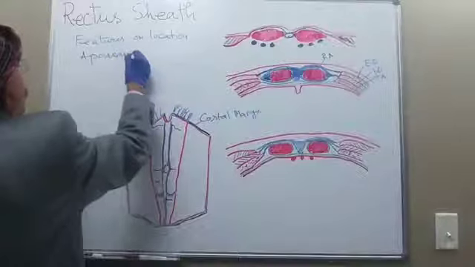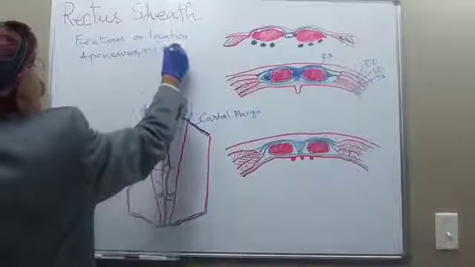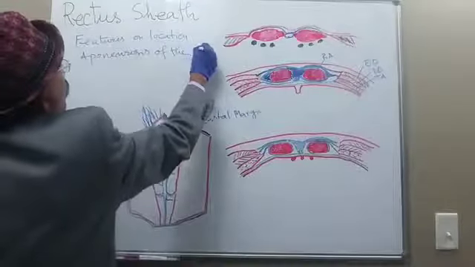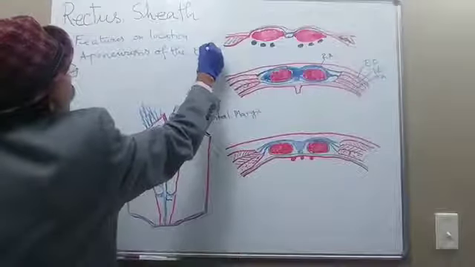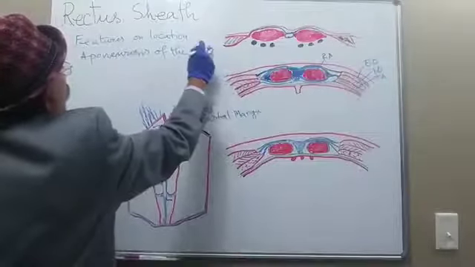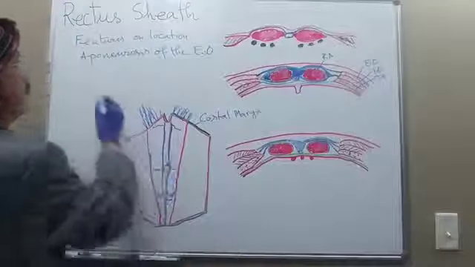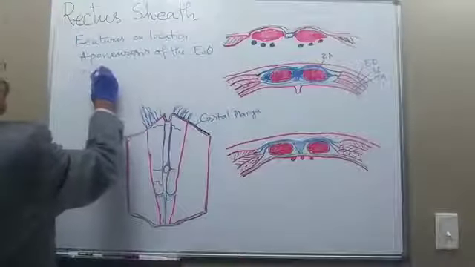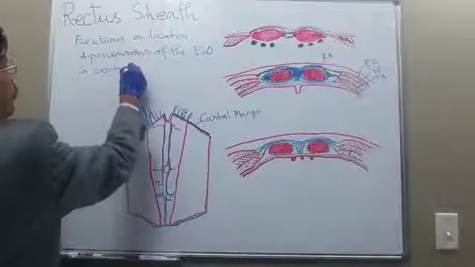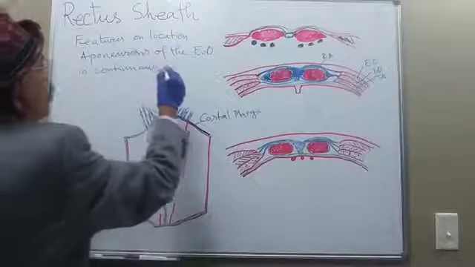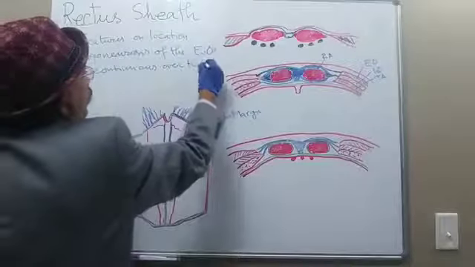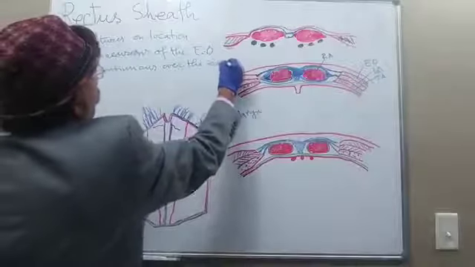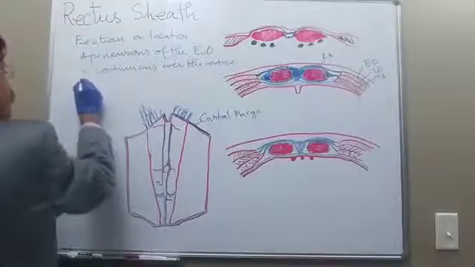The aponeurosis of the external oblique is continuous over the entire rectus sheath.